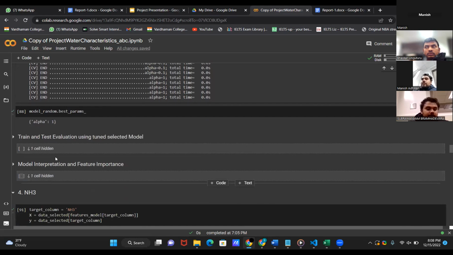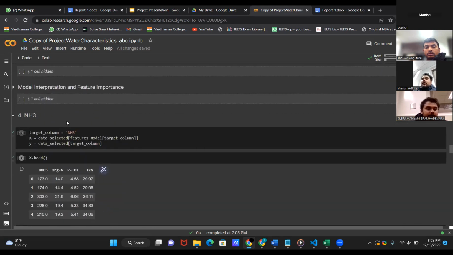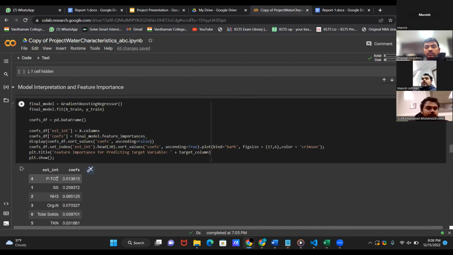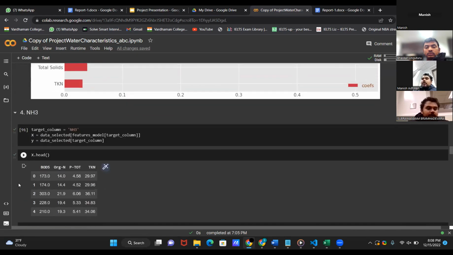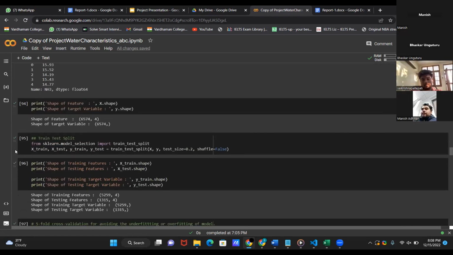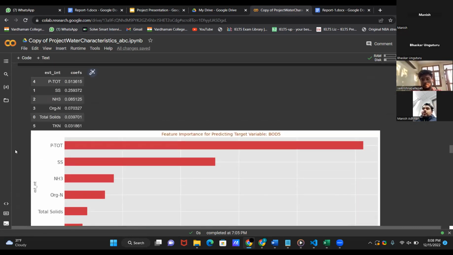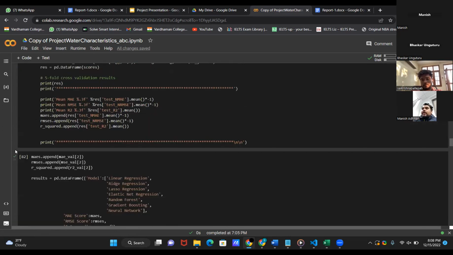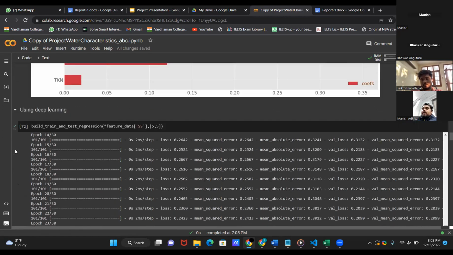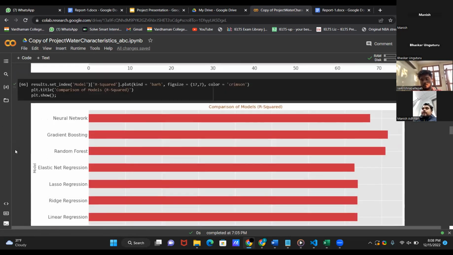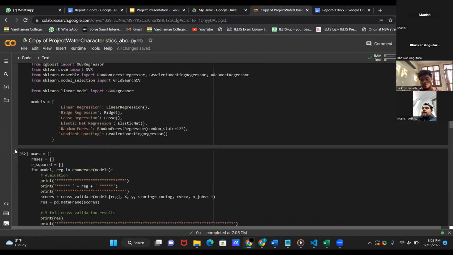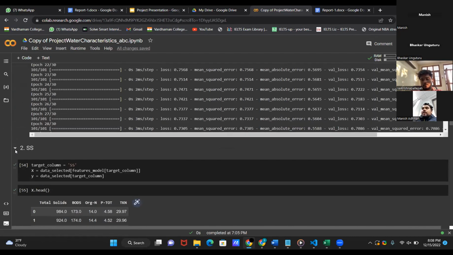Similarly, it goes for the others, and finally uses deep learning. So we have actually used deep learning for a few models, and those that were used early on use deep learning for all the models all at once.